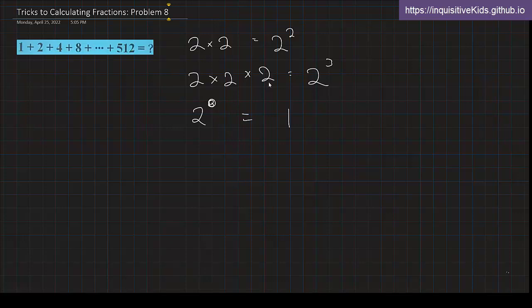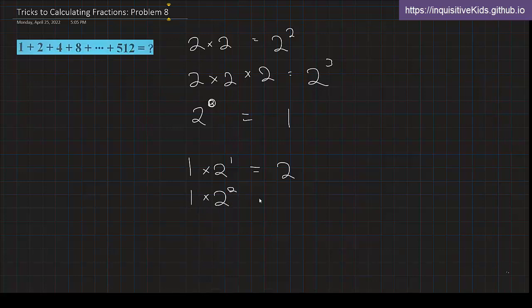Any number to the 0th power is 1, with some exceptions, and here's why. We know that 2 to the first power equals 2, right? 2 is multiplied still 1 time. That also equals 1 times that.